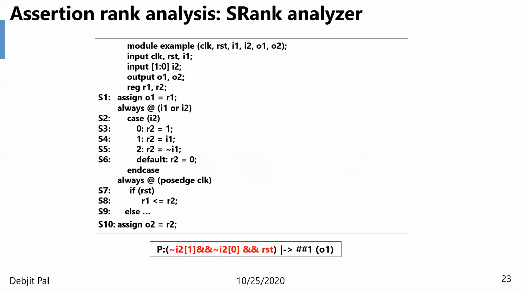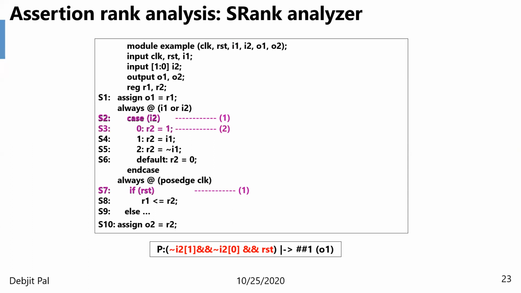To explain this idea, we consider this example. The assertion essentially assigns the value of the 0th bit of I2 and the reset signal. Once those values are assigned, we randomize the other signal values. Once we execute, we find that S2 is executed. Also, S7 is executed because of the reset signal.